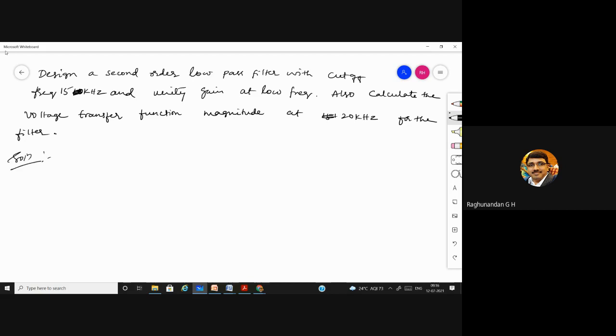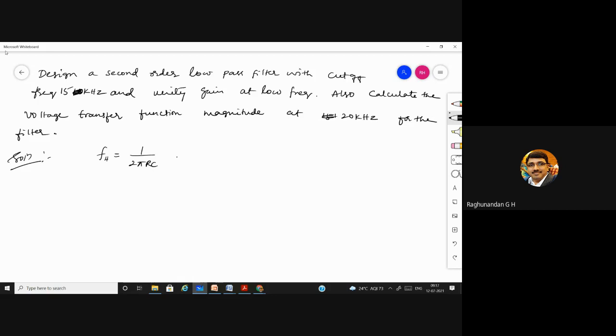So first step, as you know, we need to consider the frequency equation 1 by 2 pi RC. As we have considered R2, R3, all the resistors are equal and all the capacitors are equal. Design means, as you know, it is R only. R we need to find and C we need to find. In this question, they have not given the R value, and they have not given the C value also.